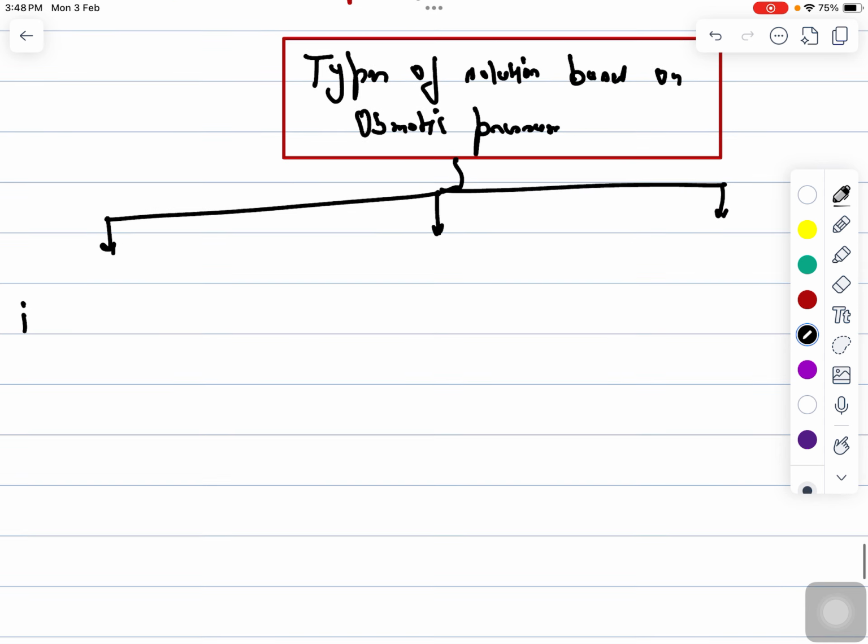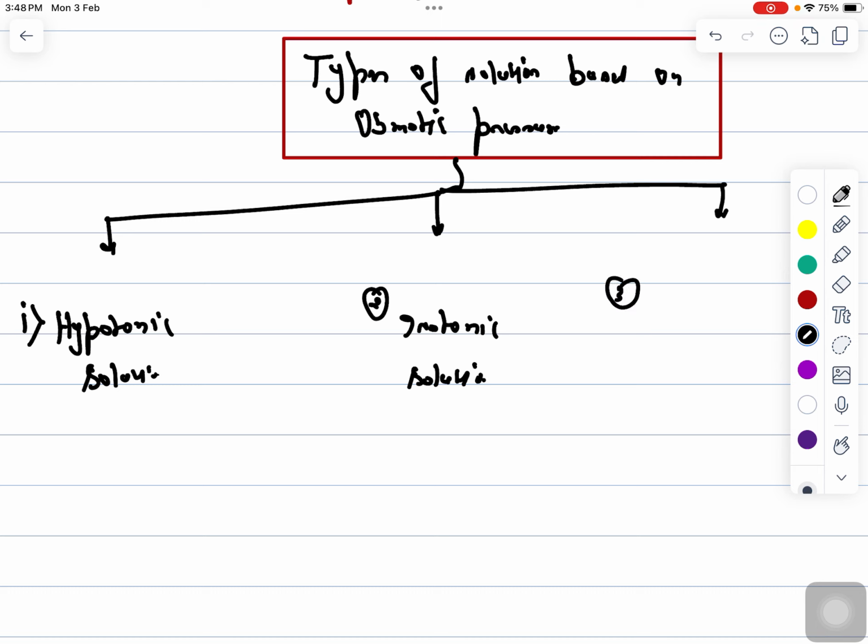First one is a hypotonic solution. Second one is your isotonic solution. And the last one is your hypertonic solution.